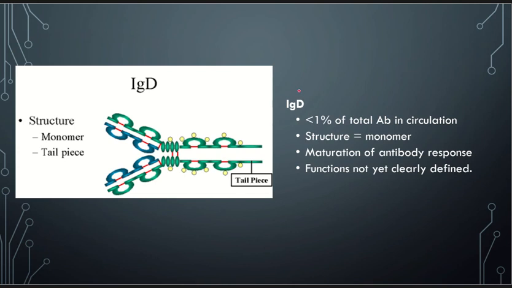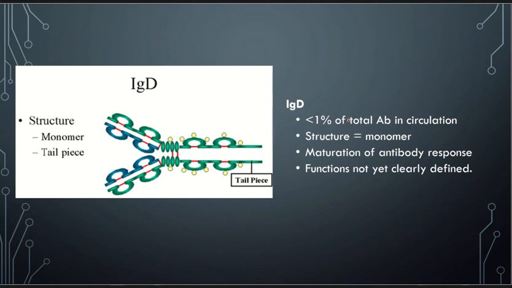Okay. So next is IgD, which is pretty much the class that we know the least about, but it's for the most part going to be a monomer, and you're going to see it primarily bound on the surface of B cells, where it's going to function as a receptor for antigens, and they think it might help control B lymphocyte activation and suppression.